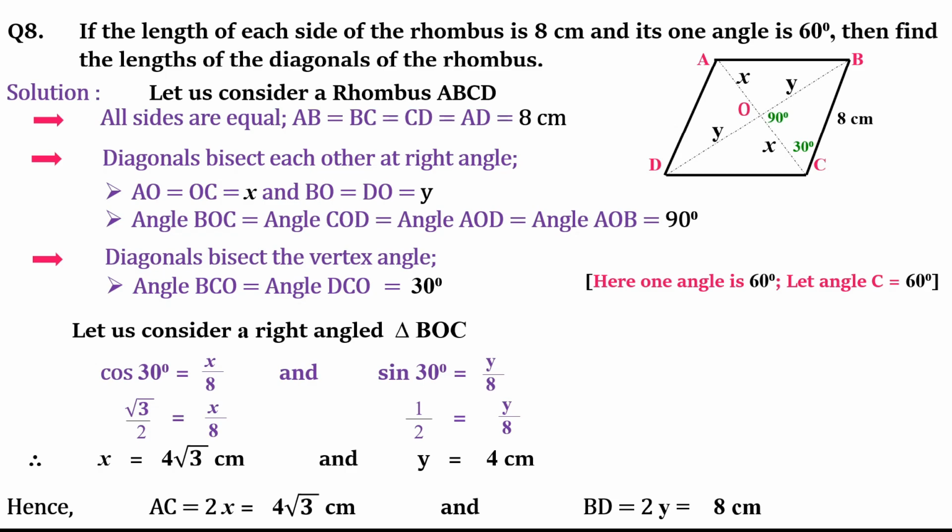After multiplying it, we get 8 root 3. Sorry, it is not 4 root 3, it is 8 root 3 centimeter. Similarly, BD is twice the value of y. So y is 4 centimeter, so 2 into y will give us 8 centimeter. So here we come to our answers. AC is 8 root 3 and BD is 8 centimeter.